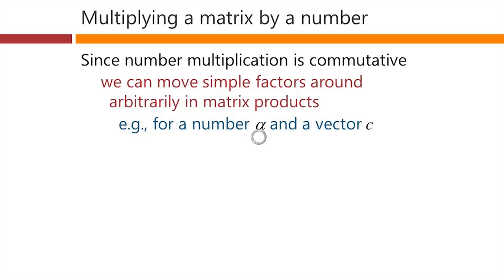So for example, if we've got a number alpha and a vector c, then alpha times the matrix A, times the matrix B, times the vector c, means we can move this round. We can move the alpha round inside here. Since it was just multiplying every element of this, we can also take that out and put it on the other side, and so on. And we can keep on moving the numbers around inside here as much as we want.